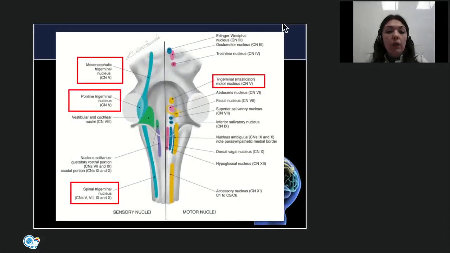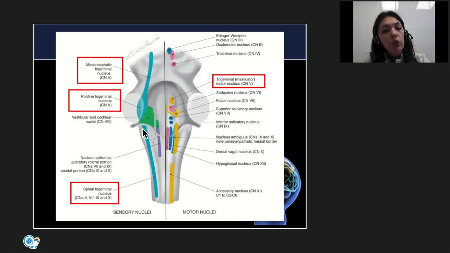So here we can see that the mesencephalic nucleus is not projected onto the rhomboid fossa because it is located in the midbrain. Then here we can see the pontine nucleus, which is projected onto the locus ceruleus. If you remember, the locus ceruleus is one of the nuclei that belongs to the reticular formation. If you don't remember, please revise it.